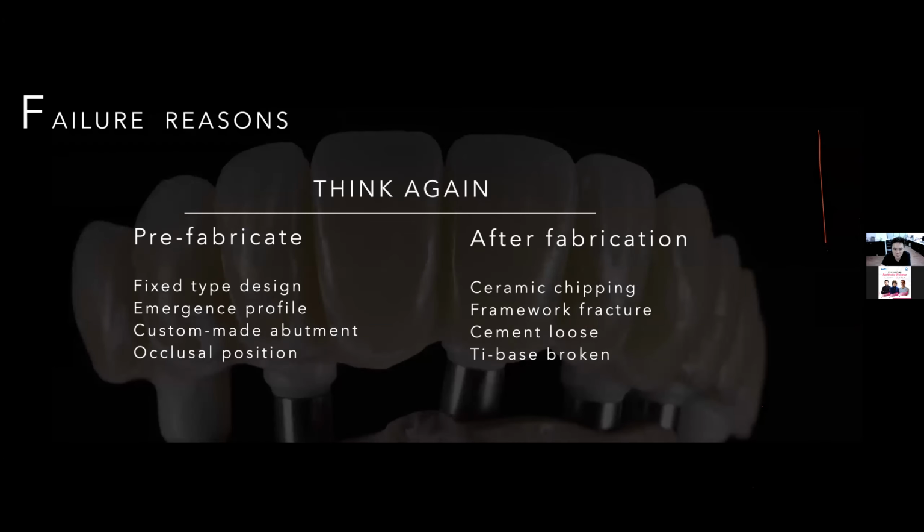And finally, we can think again. If you want to reduce problems with your implant restoration, think about the reason. When you do the pre-fabrication, we must think how to design the taper and the emergence profile design, and the customer abutment, how to design it, and the occlusion position design.